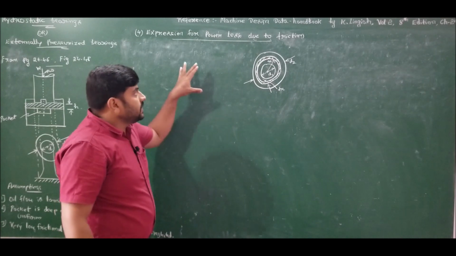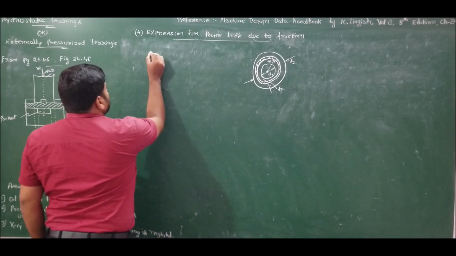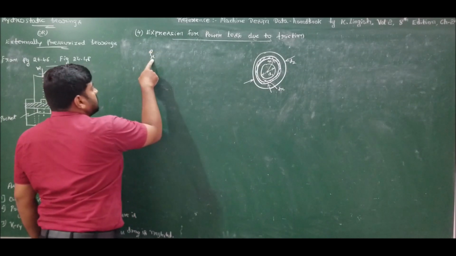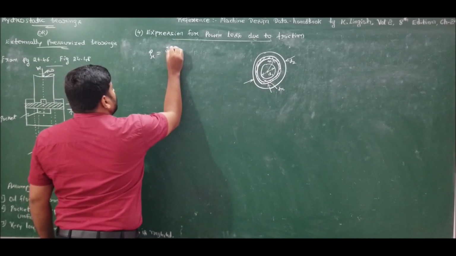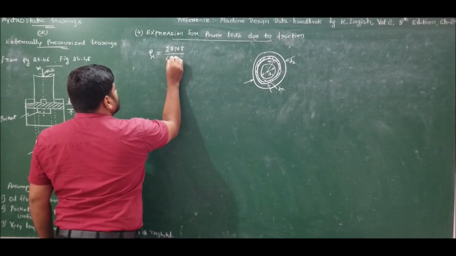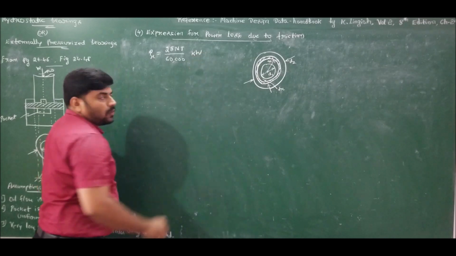To derive it, we have the general equation for power in terms of torque. Let me indicate suffix mu because it is power loss due to friction, which is given by 2 pi nT by 60,000. This you already know; the unit will be in kilowatts.